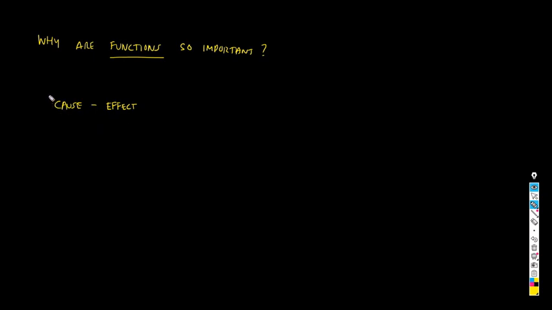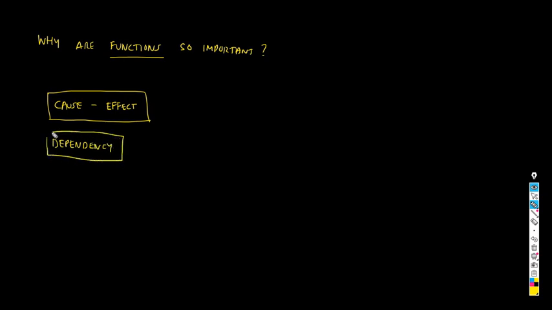In classical physics, there's a relationship of cause and effect, or in other words, a relationship of dependency. Some quantities depend on other quantities, and when some quantity one depends on a quantity two, we say that the quantity one is a function of the quantity two.